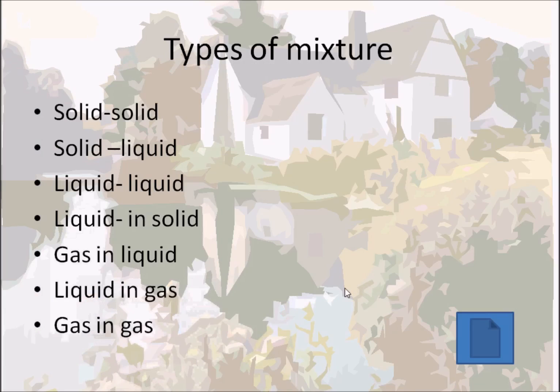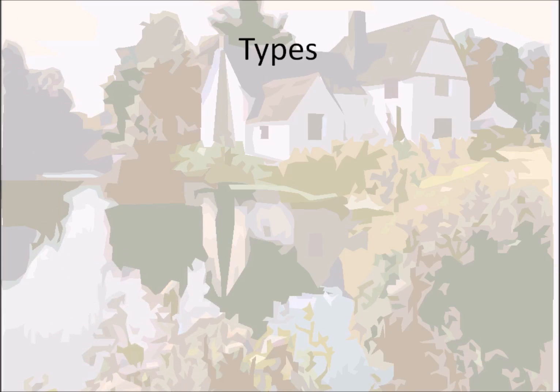So now friends, these are the combinations. Now what are the broader types of mixture? What is the broader segmentation of mixture? For example, if you see milk and water, can you separate them? No. Now I give you another example.